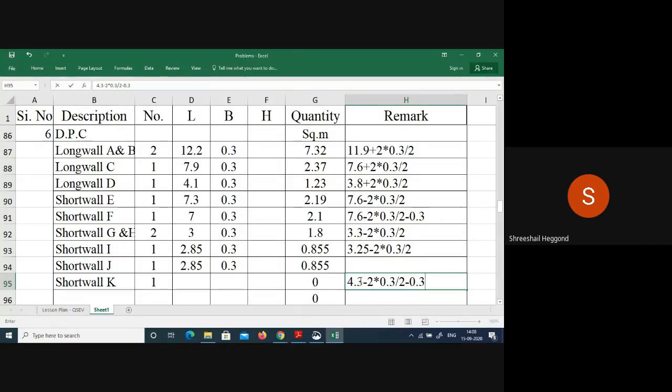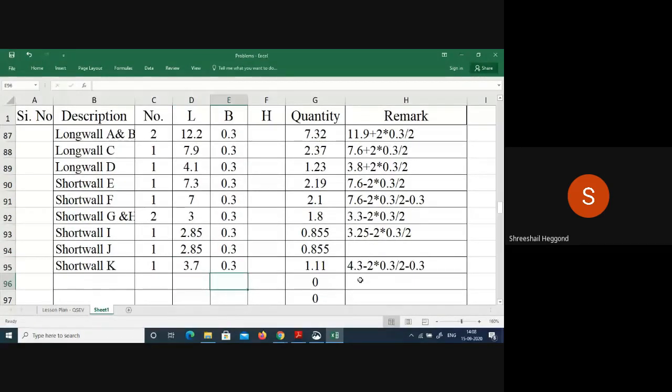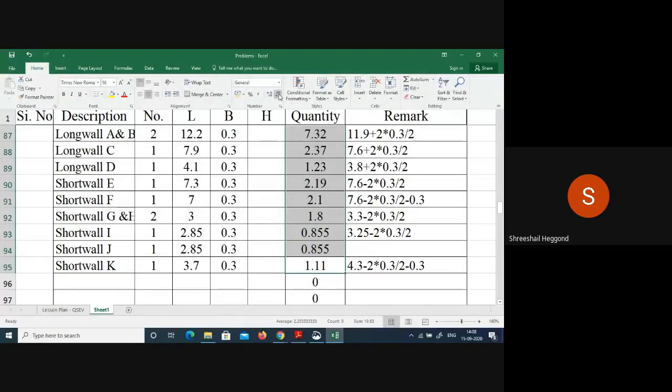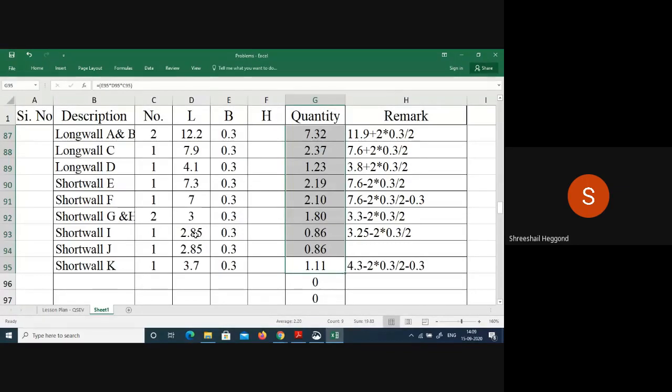Therefore, 2 times you have to deduct. It will be 3.7, breadth 0.3. Sir, I and J are 2.95 length, 2.95.